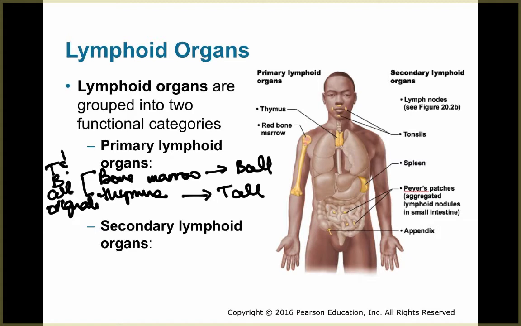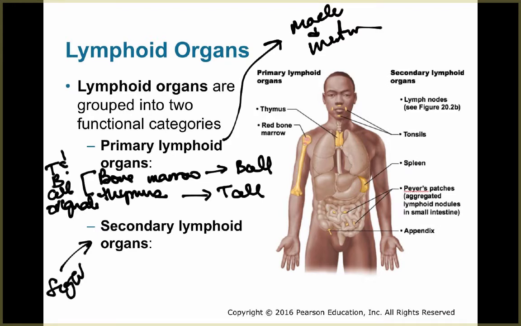And these are what are called the primary lymph node organs. Now, secondary lymph node organs are areas where mature lymphocytes first encounter their antigen. So primary is basically where they're made and mature. Secondary is when they first start fighting.